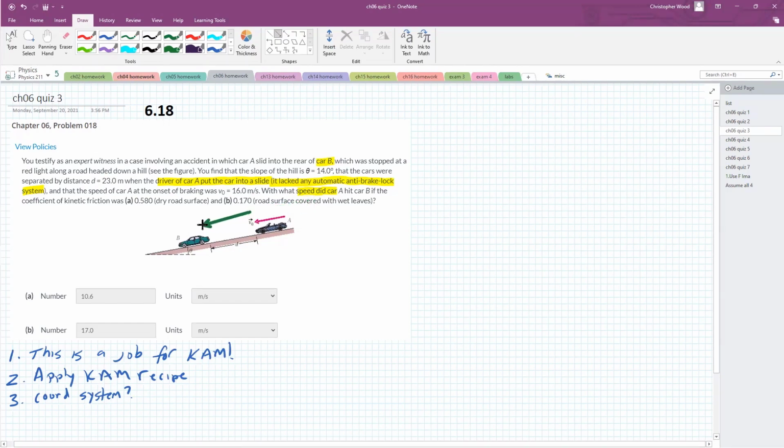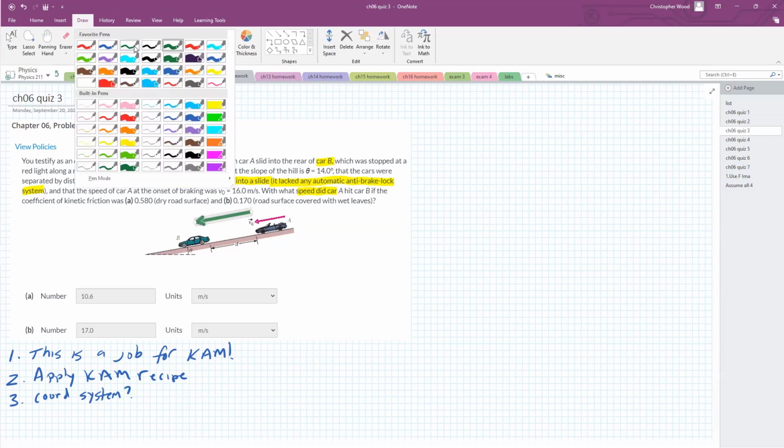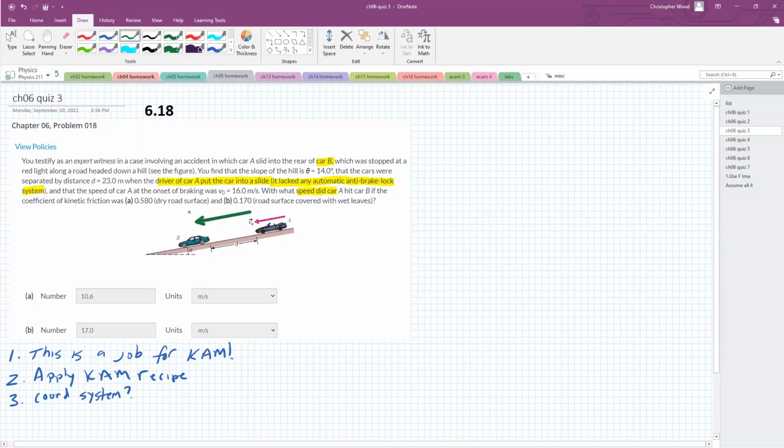Because I don't know, I do know one thing: the acceleration is for sure along the ramp. So I'm just taking a wild guess, and I'm going to call this plus x. Whatever the direction of acceleration is, it is along that.